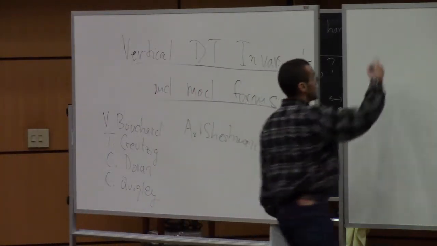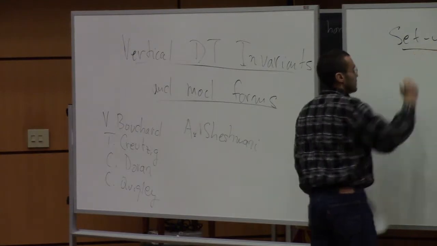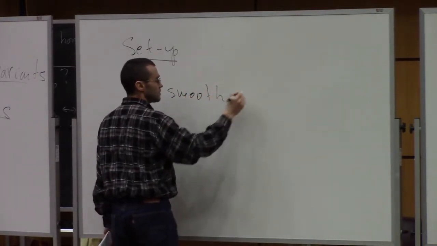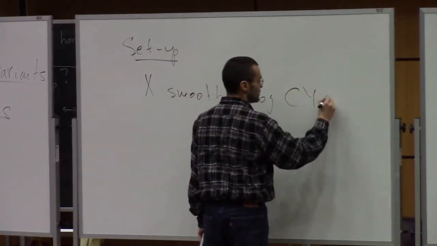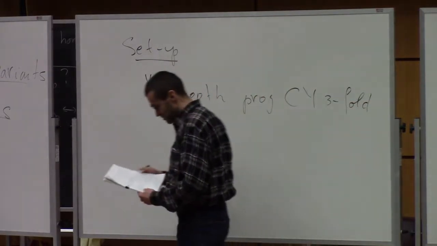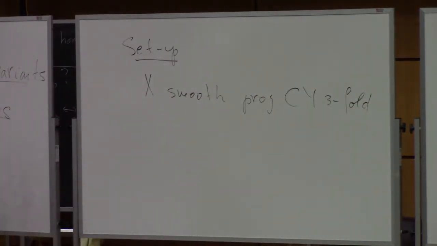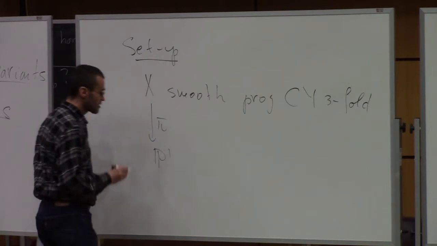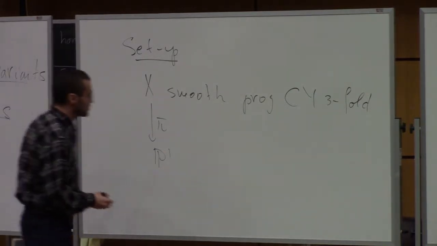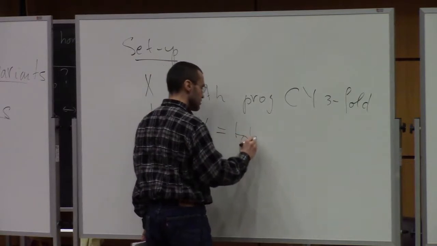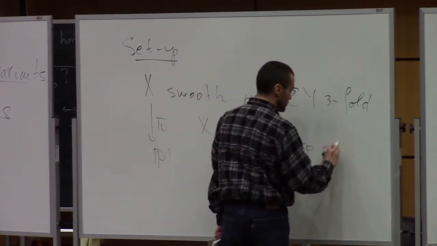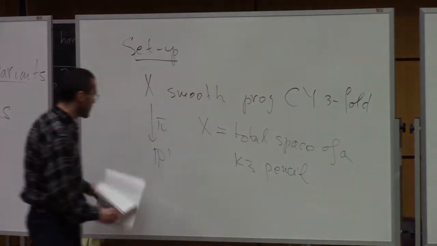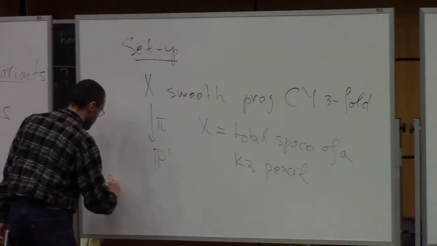Okay, so what's the setup? The setup is we're looking at X, which is a smooth projective Calabi-Yau threefold. This is pretty much all physicists know about. It has to be Calabi-Yau threefold. But I want X to map down to P1, which makes X the total space of a K3 pencil, which means that the fibers of pi are K3 surfaces, and generically they are smooth.